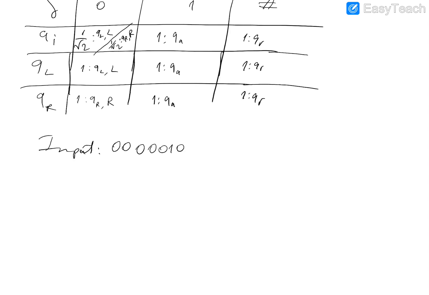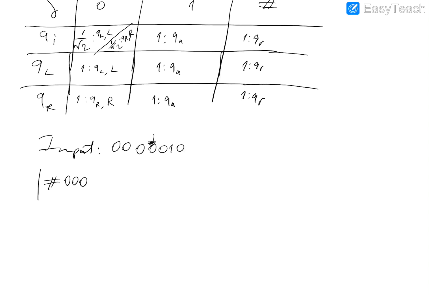All right, so the computation of the quantum Turing machine will look something like as follows. We start in the midsection. We have the end markers here, so hash, 000, and then we're starting from this position.